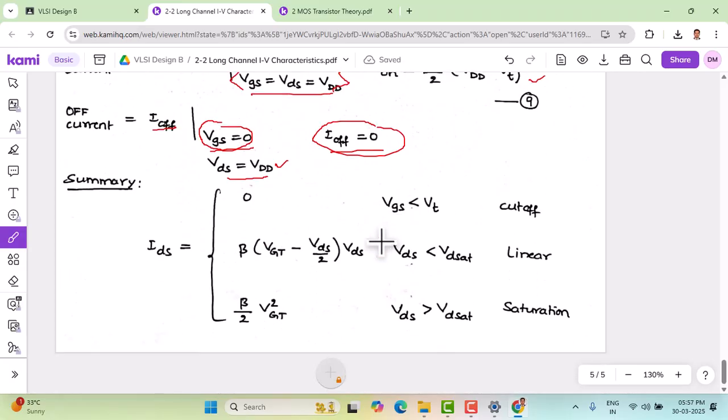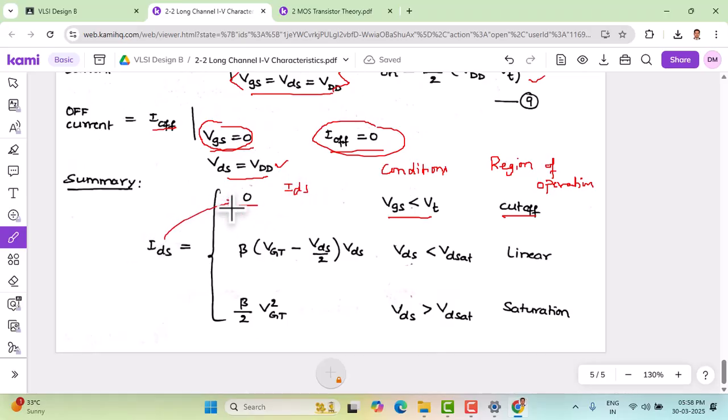Now let us summarize the equations that we have derived here. The drain to source current in the cutoff region is 0, and to drive the transistor into cutoff, we need to apply a gate to source voltage less than the threshold. These are the conditions to operate the transistor in different regions, and these are the drain source equations.